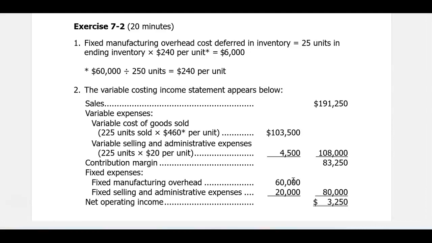Got it? So let's put it together one more time. Write it down if you like. Under the variable costing income statement, if you produce more and sell less, your net income is less and your ending inventory is less. That's something you need to remember.